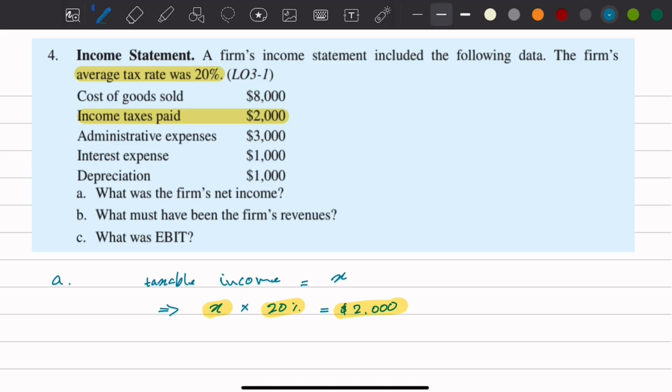So we can take this 20% to the other side. And since it is a multiplication, then we're going to divide the 2,000 by 20%. And we know that 20% equals 0.20, right? We can change the percentage into a decimal form to simplify our calculation.